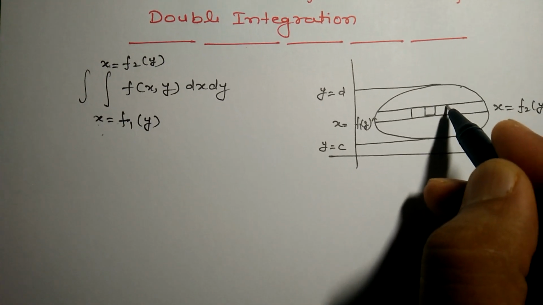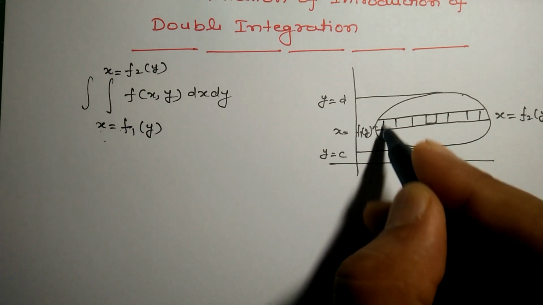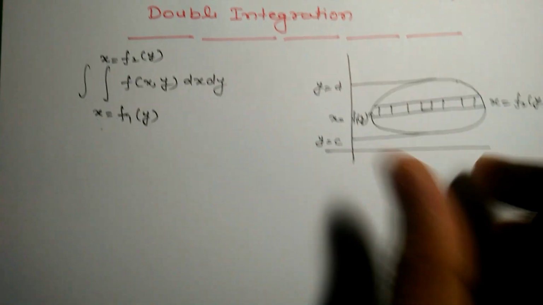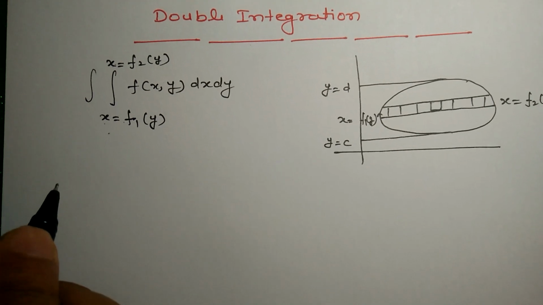So you will be integrating first on this strip. That means like these rectangular patches, so many you are going to do, and on all of them you calculate and add. That's the general idea of integration.